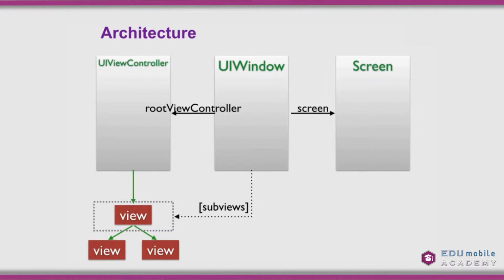That view controller has a property called view, and that is the main view for that view controller. There's also a relationship between the window and that view, and it is a member of that window's array of subviews. Then that view has an array of subviews called subviews. That is all of the subviews, maybe controls, maybe other views that are inside the view controller's view.